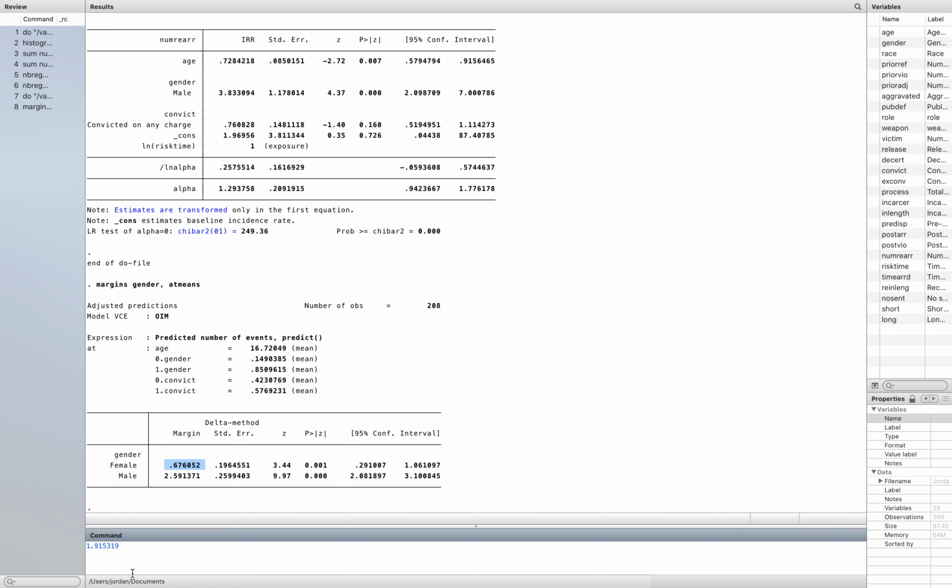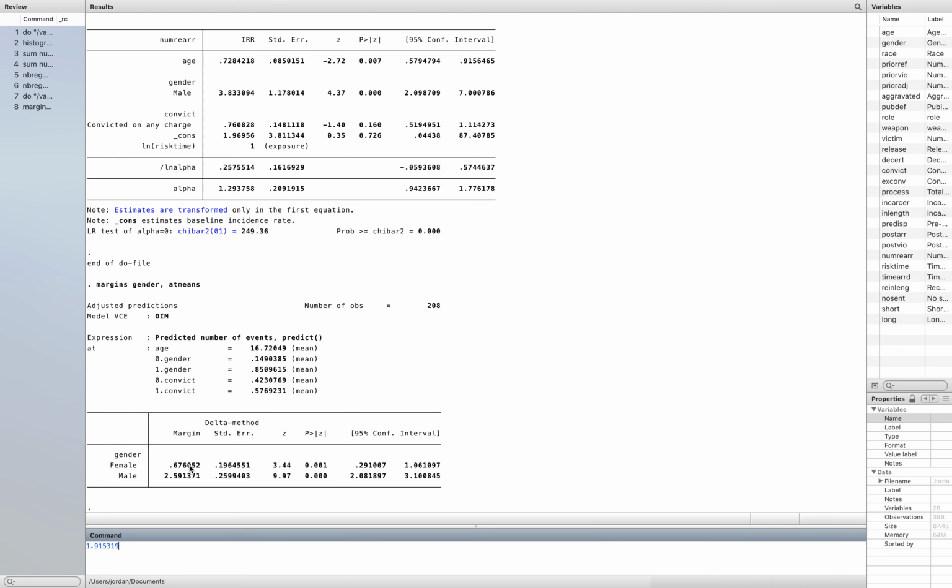That's the difference between females and males in terms of their predicted value. I want to show you the increase from females to males, like what percentage greater males are than females here.